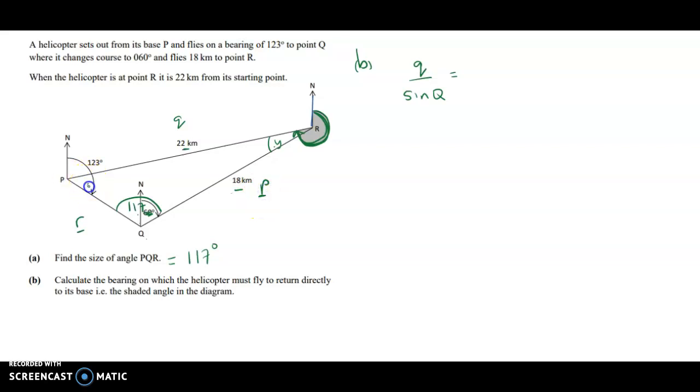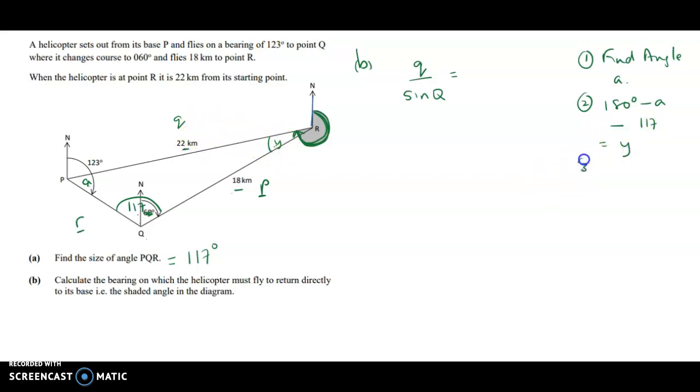Find this angle first. So my steps would be: 1, to find angle, let me call this A, right? And then 2, I will use 180 minus A minus 117 to find angle Y. That'll be here.